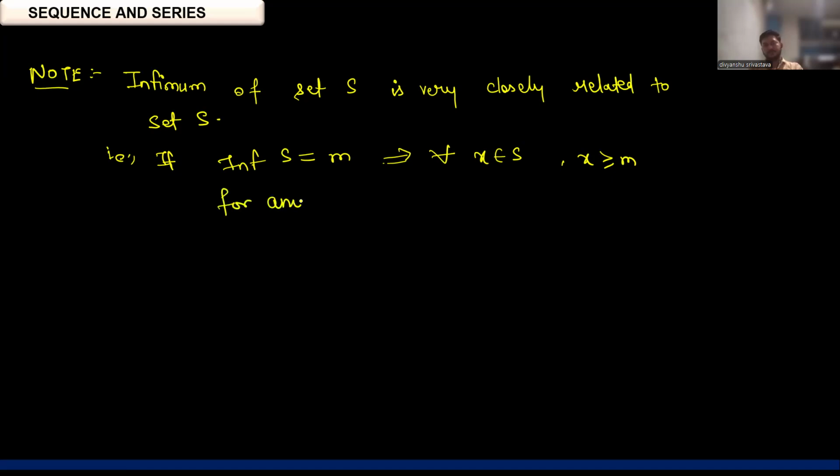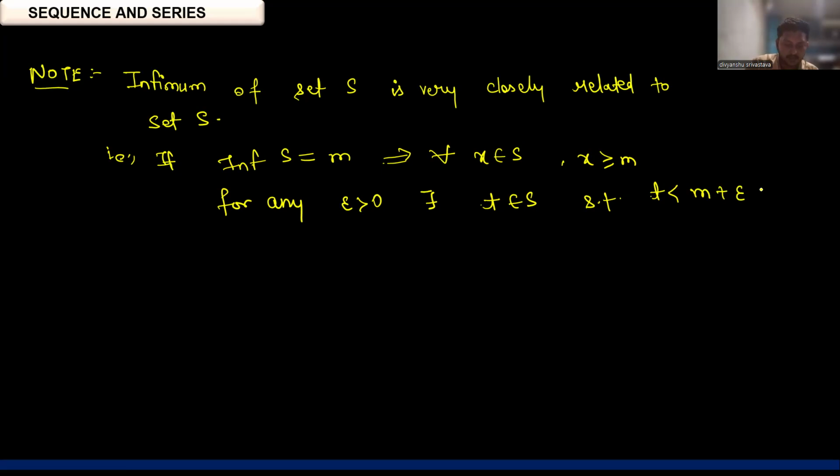So for any epsilon greater than 0, there exists t belongs to S such that t is less than m plus epsilon.